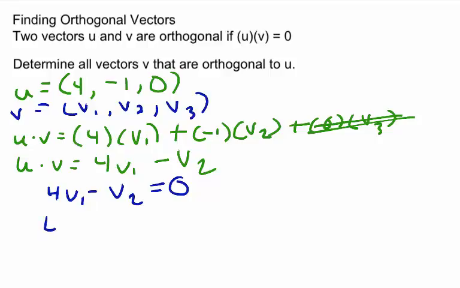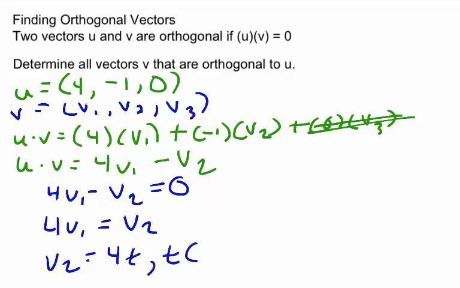If we set 4 v sub 1 equal to v sub 2, then we know that v sub 2 is equal to 4t, where t is an element of the real numbers.